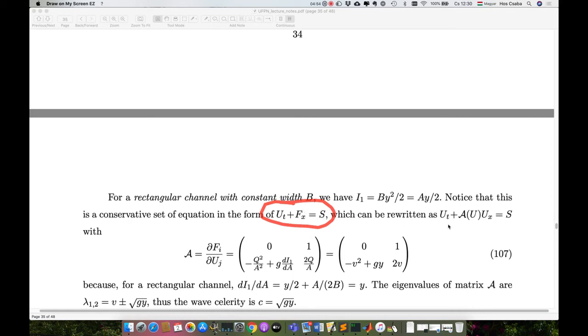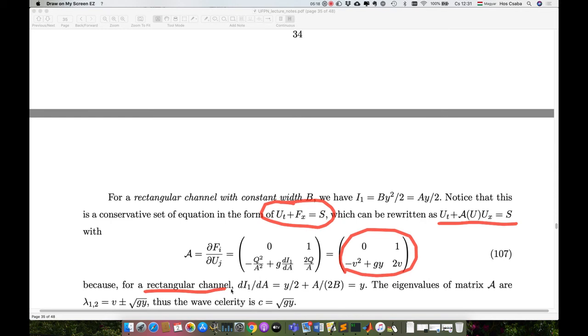And if you rewrite it again as a quasi-linear set of partial differential equations, you will get this coefficient matrix A, and for this coefficient matrix you will end up with this again if you assume that you have a rectangular channel.